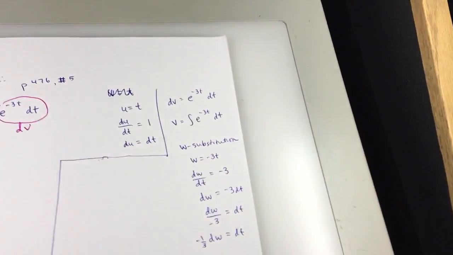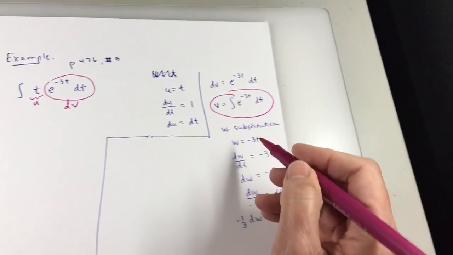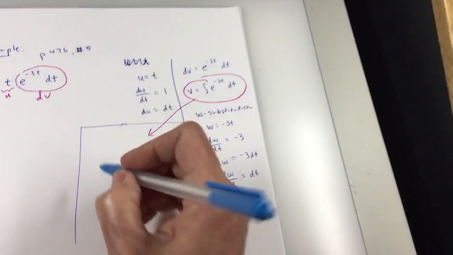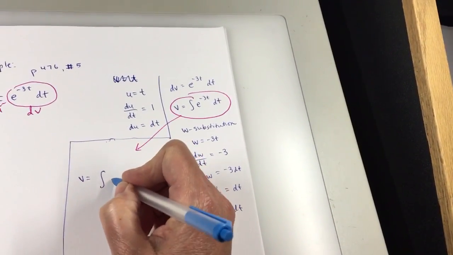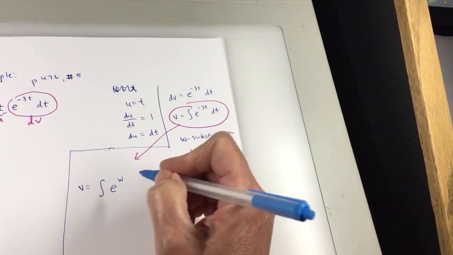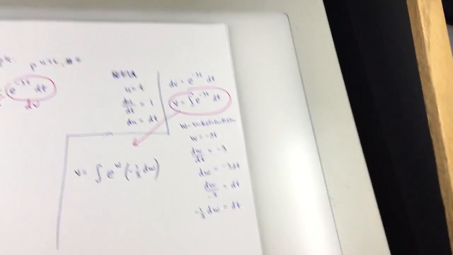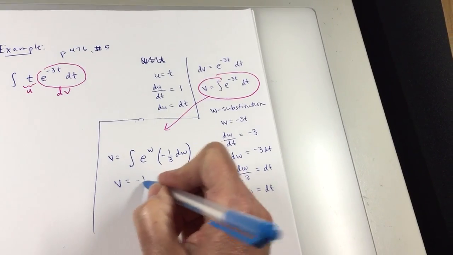So let me continue this on this side here. For this part of this problem, I'm going to take it right here. So v is the integral of e to the w times negative 1/3 dw. That negative 1/3 I'm going to factor out.